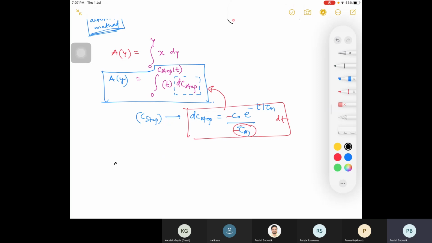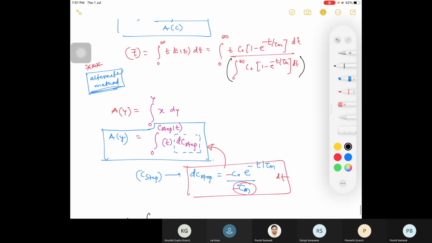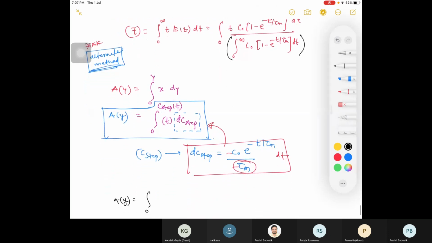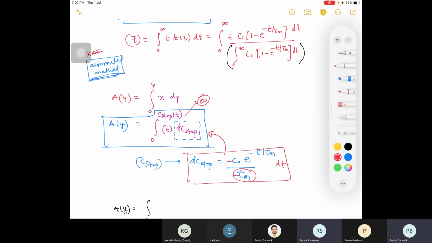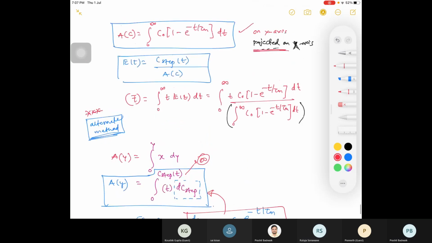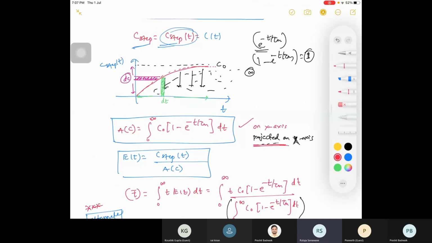So area along y-axis is integration 0 to, will it be C step T or infinite? C max. Here you see C naught, here you are reaching your C max, right?